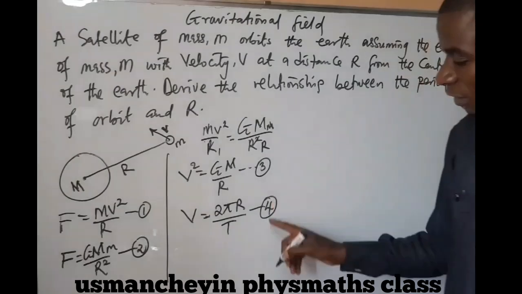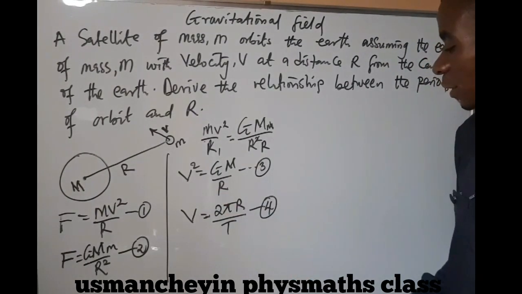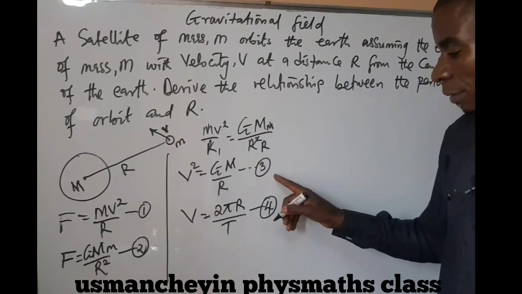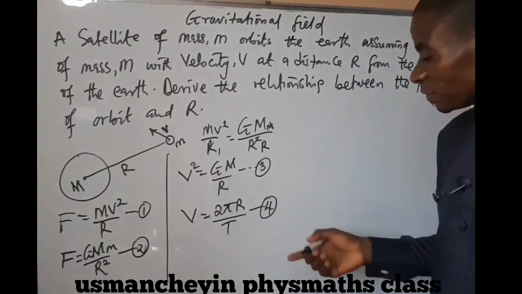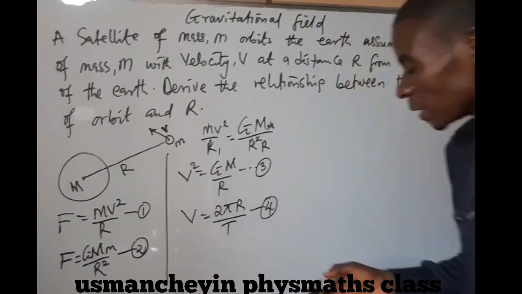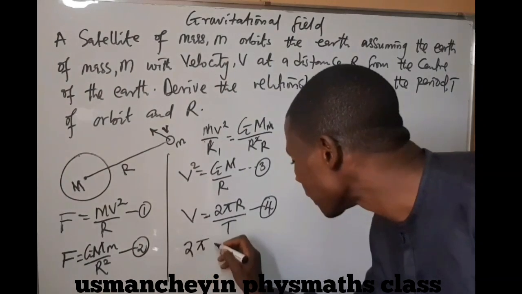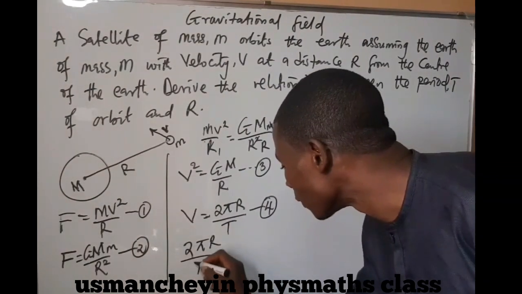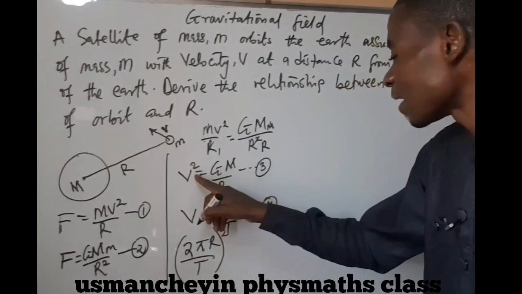And if this is equation 3, this is equation 4, I can substitute equation 4 into 3. All right, if I substitute equation 4 into 3, something will definitely happen here. So I will have 2 pi r all over T, all of them squared, because this v is squared.